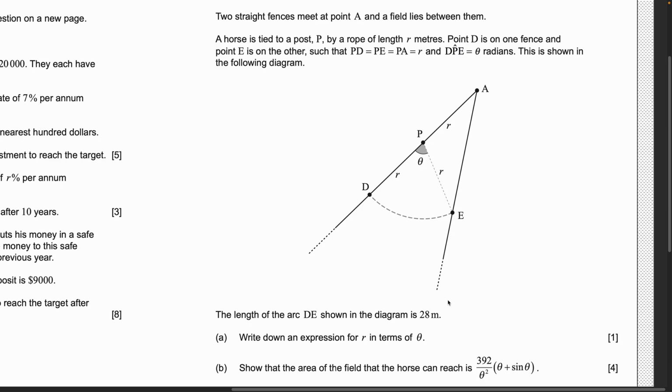Anyone? What'd you say? It's 784. 784, then cut it in half. So this put together is 392 over theta squared, so that works out well.